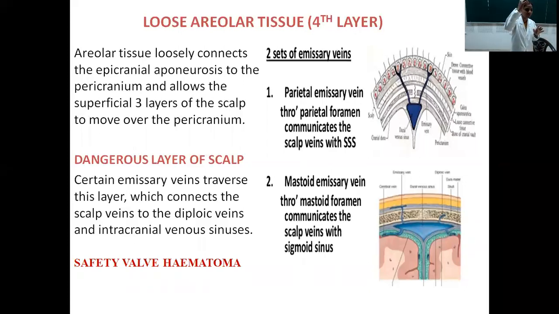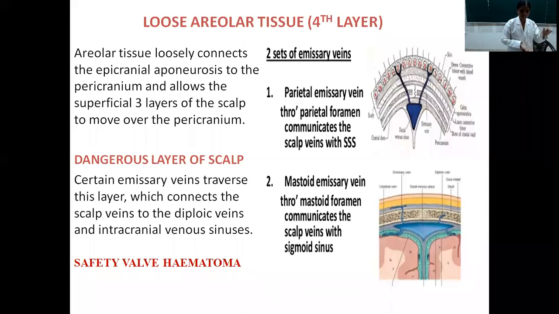The skull bones are pierced by some veins, and these veins are there to maintain the intracranial venous pressure. How do they maintain this pressure? Because of the communication between the veins outside the cranium and the veins inside the cranium. The veins inside the cranium are in the form of dural venous sinuses. You will learn the details about these sinuses in later classes.